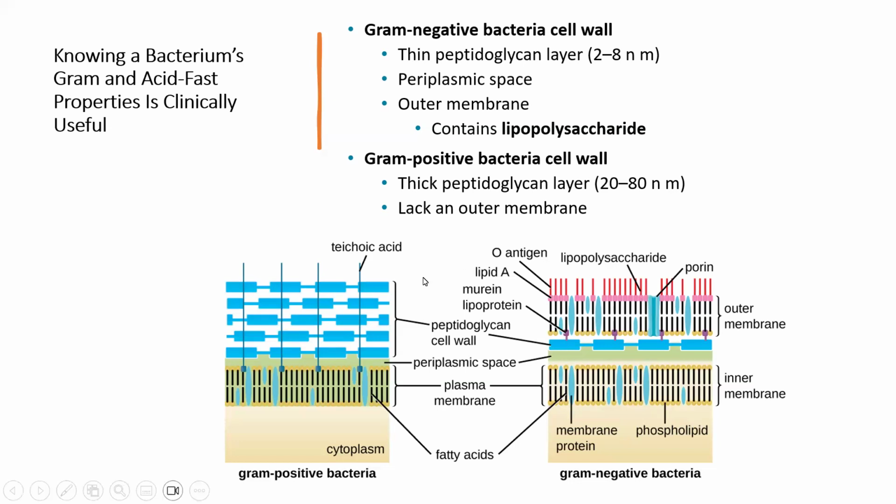Now, the gram-positive cell wall is much thicker. While the gram-negative is usually just one or a few layers of peptidoglycan, the gram-positive cell wall is going to be several layers of peptidoglycan. So it's going to be much thicker, somewhere in the 20 to 80 nanometers. Now, they have no outer membrane. They just have this inner membrane and the cell wall, in comparison to the gram negatives, which have the inner and the outer membrane and a thin cell wall.